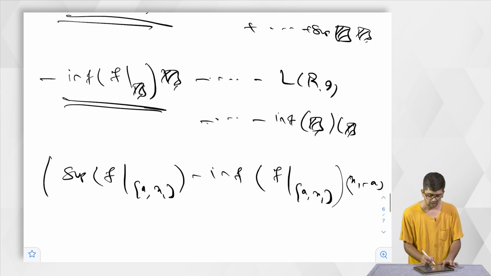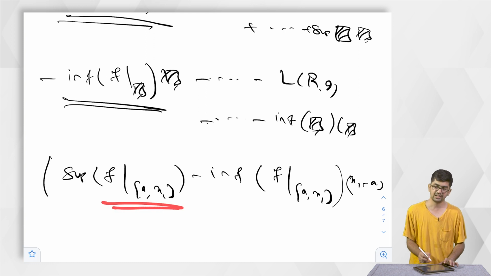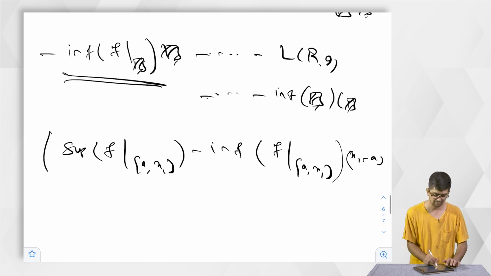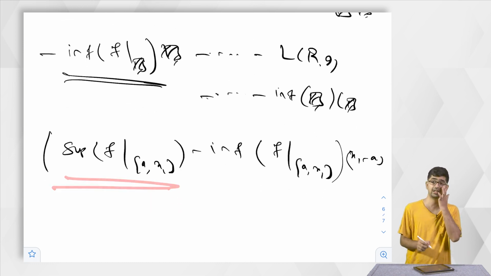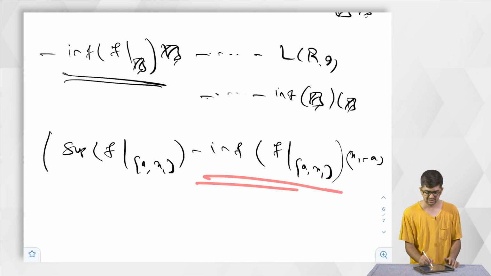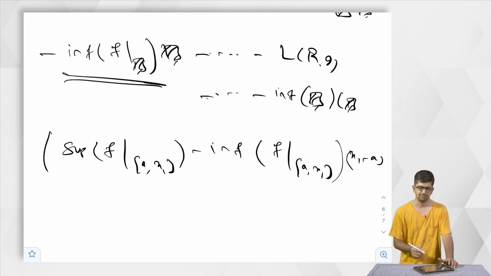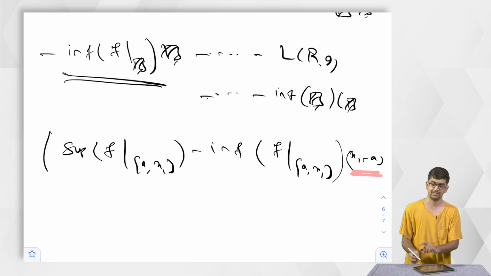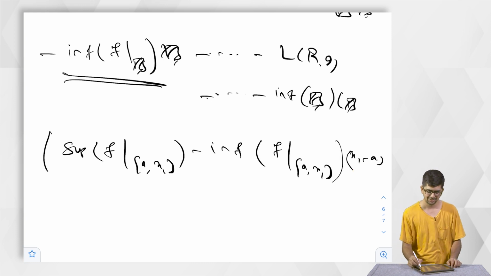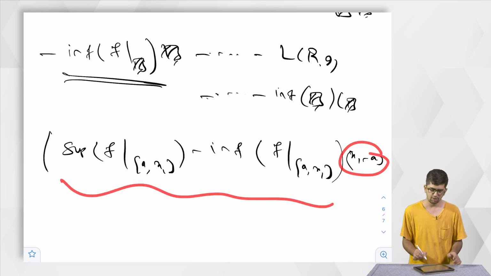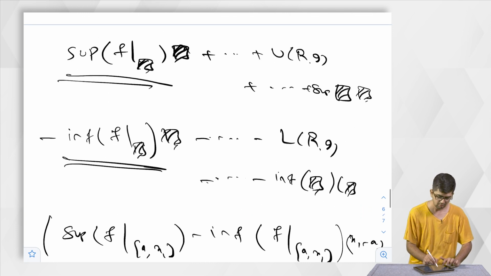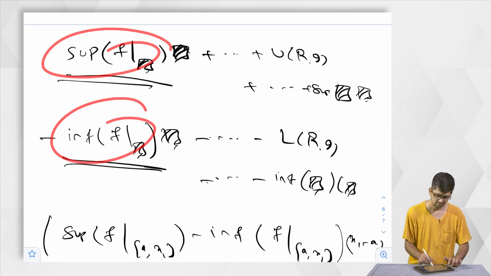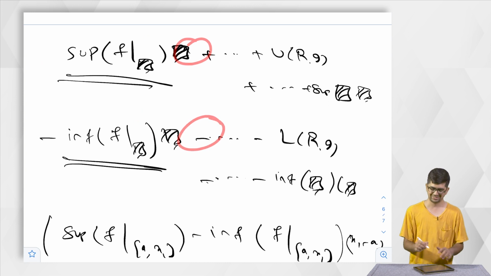Observe that whether f is positive or negative does not really matter, the supremum is always greater than or equal to the infimum. So this difference is always positive, and the partition is in increasing order, so this whole part is positive, the next part is positive, everything is positive.